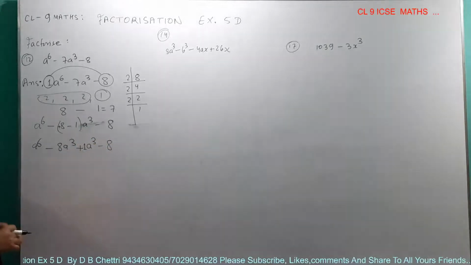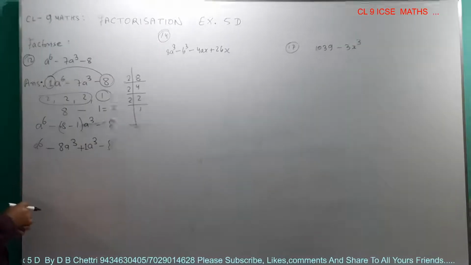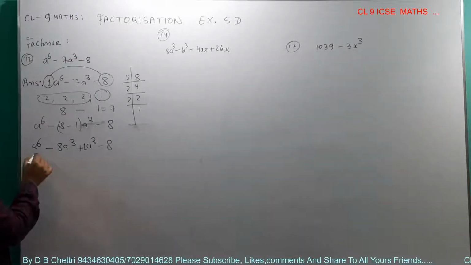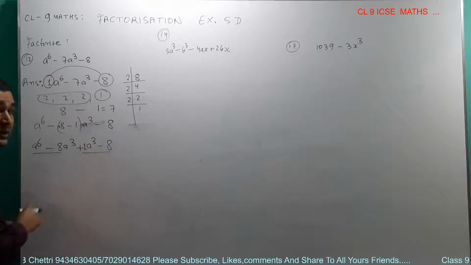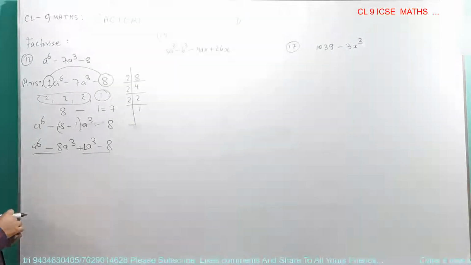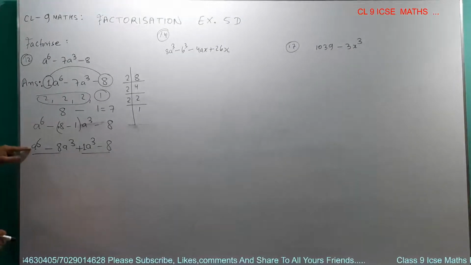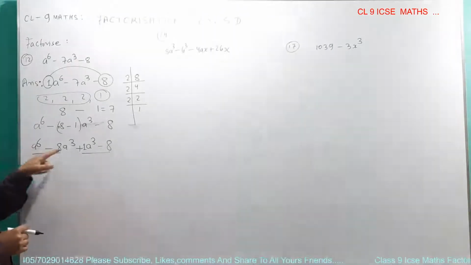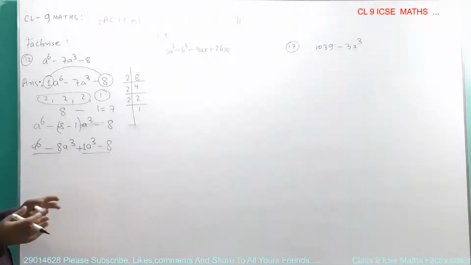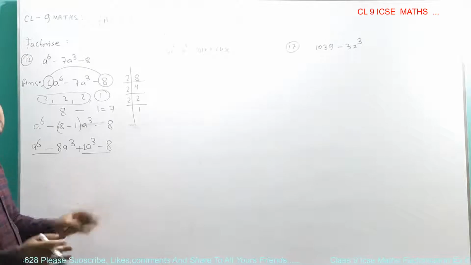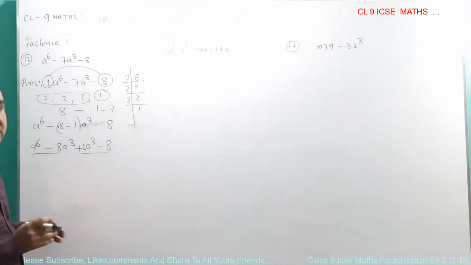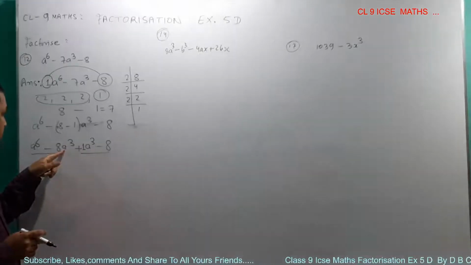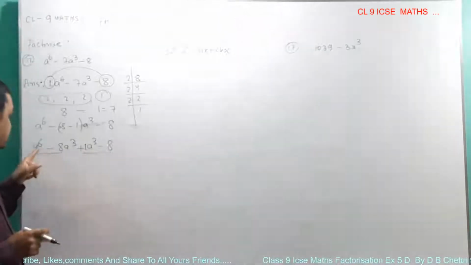Now after splitting the middle term, let's make groups of two and take the common, if possible. a to the power 6 is there, and a to the power 3 is there. While taking the common, we take the least power as common, not the highest power. That means we take a cube common from here. There is no number common.